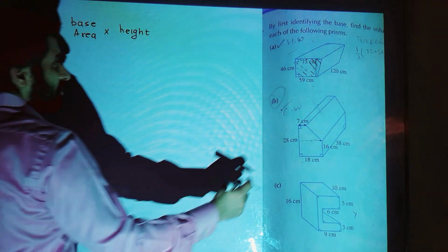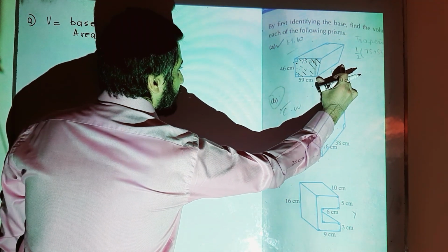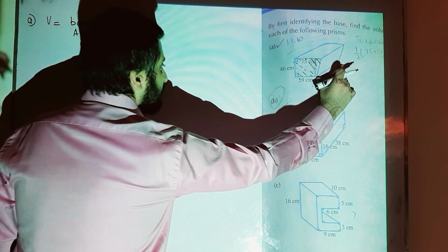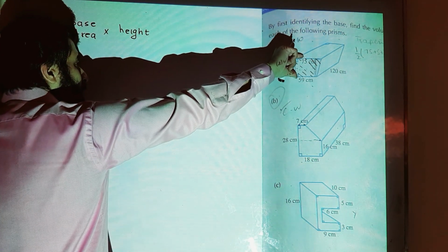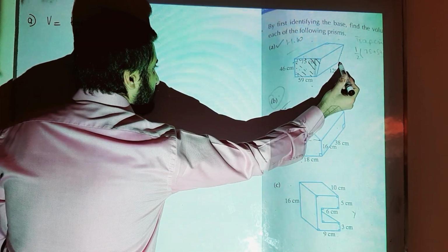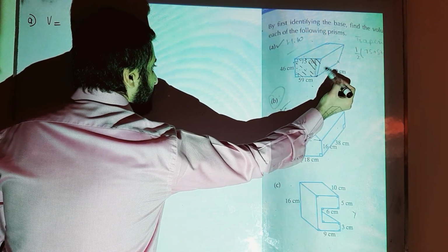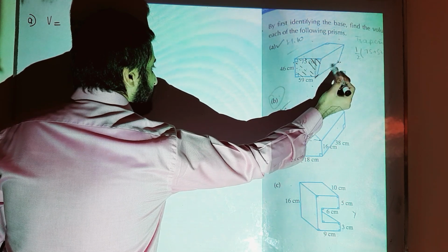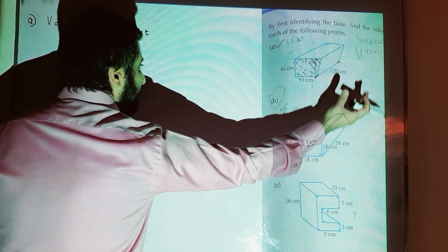The height or length of prism is the distance between the two cross sections that we are considering, the front base and the base at the end. This is called the height or length of prism.